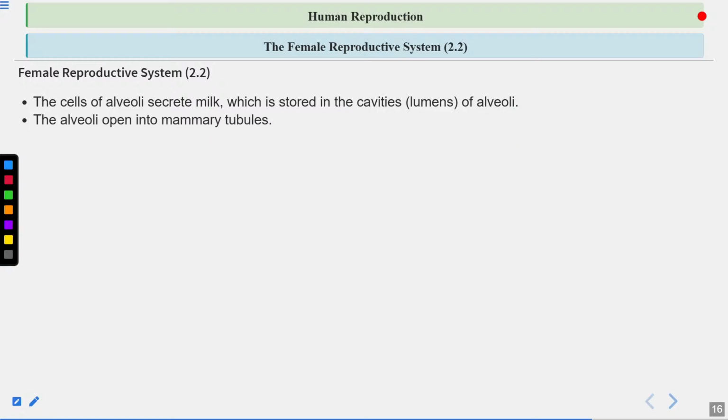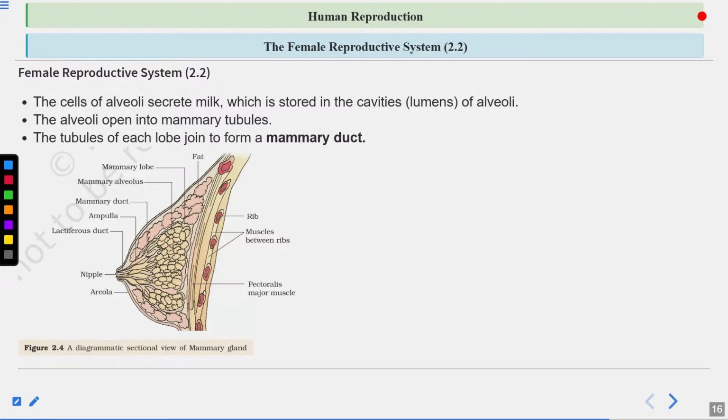The alveoli open into mammary tubules. The tubules of each lobe join to form a mammary duct. So you can see here, this is the fat tissue, then the mammary lobe.